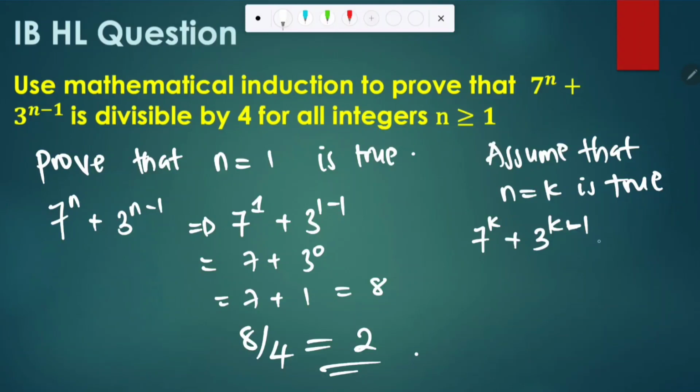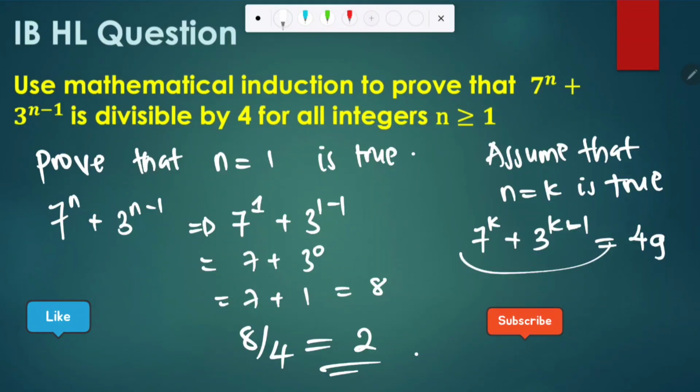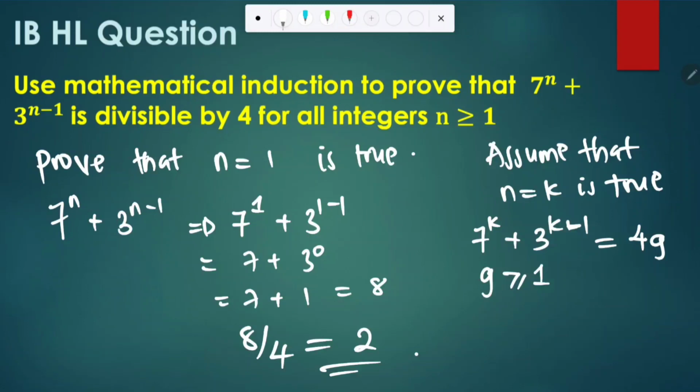And if it's divisible by 4, it means it can be written as a multiple of 4. So it means that this whole term has to be equal to 4 times something. We can just call that something a g, where the g has to be greater than or equal to 1. Okay, so I've just defined it right there.